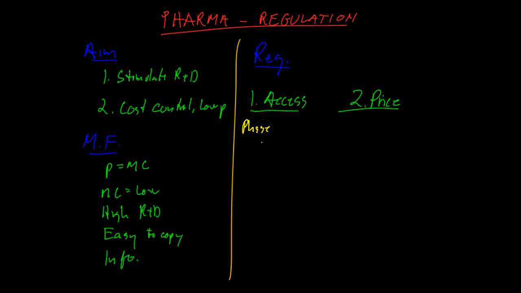Phase 0, no, sorry, I'm not going to discuss 0 here. Let's just say phase 1, 2, 3, and 4. Phase 1 is when you experiment on healthy individuals just to see how the drug works, if it's safe.